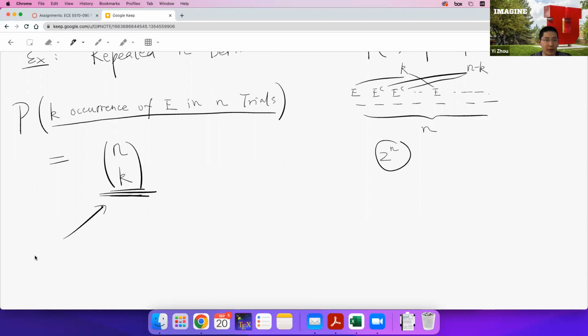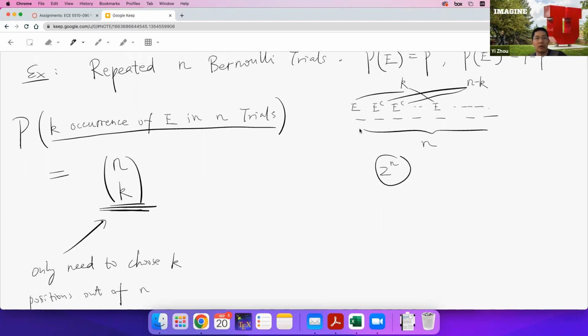Okay, so we only need to choose K positions out of N. So think about this. Once I selected K positions out of N, that's it. I just need to fill in those K positions with E, and the rest of the positions with E complement.